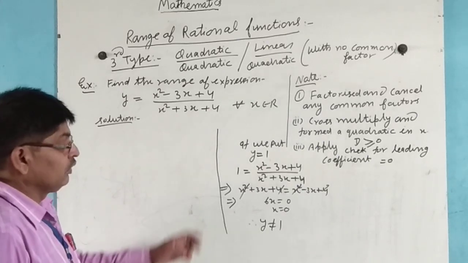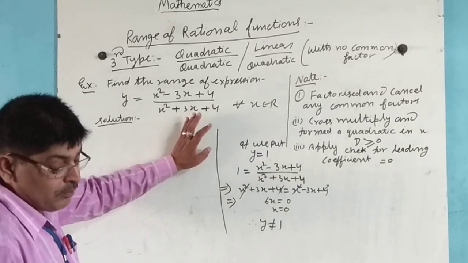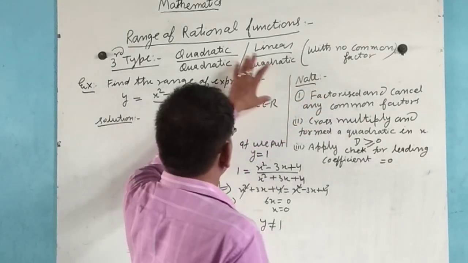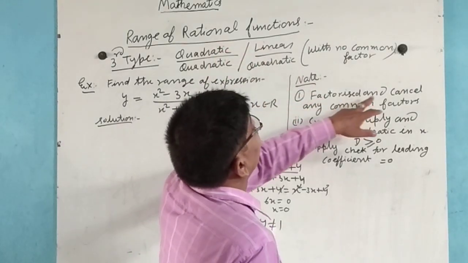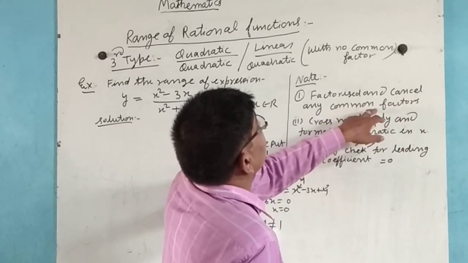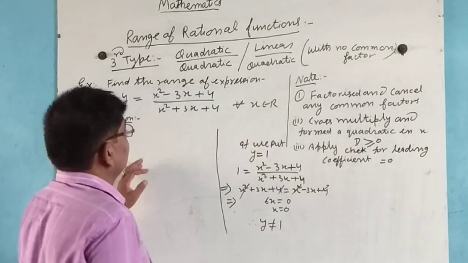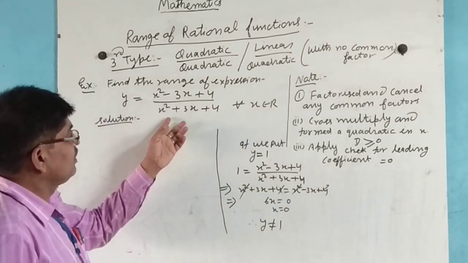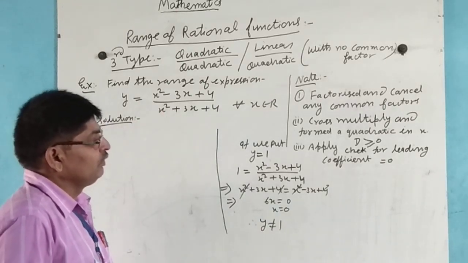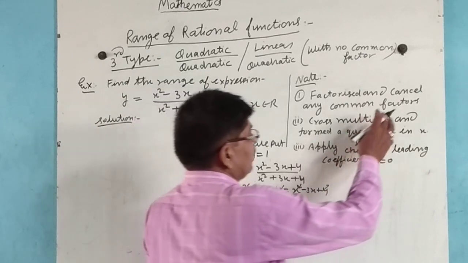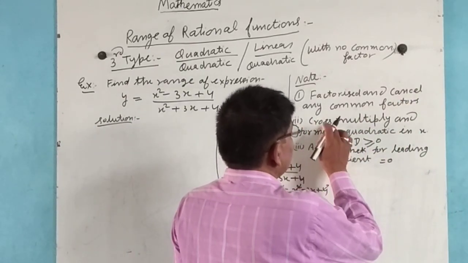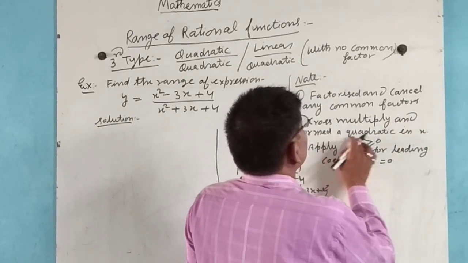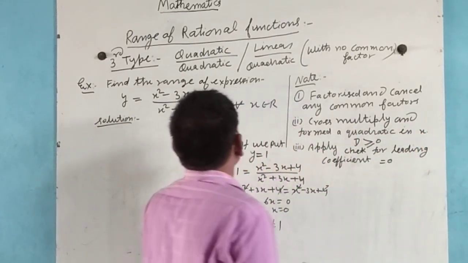So now solving such type of problem, factorize and cancel any common factor. Here factorize and cancel common factor. Next, cross multiply and form a quadratic in x.